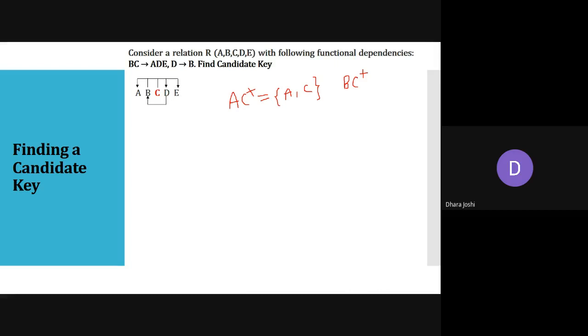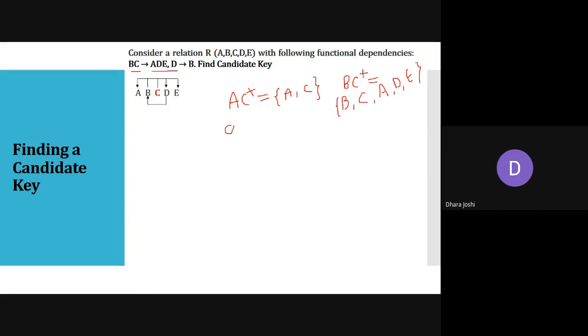We're going to verify it. If you are finding this, then B and C must be a part of it, so I'm writing B comma C. If I have the value of B and C both, then I can have the value of A, D and E. So ideally it can cover all the columns available in the relational schema. So it will be A, B, C, D, E. Perfect. Very good.